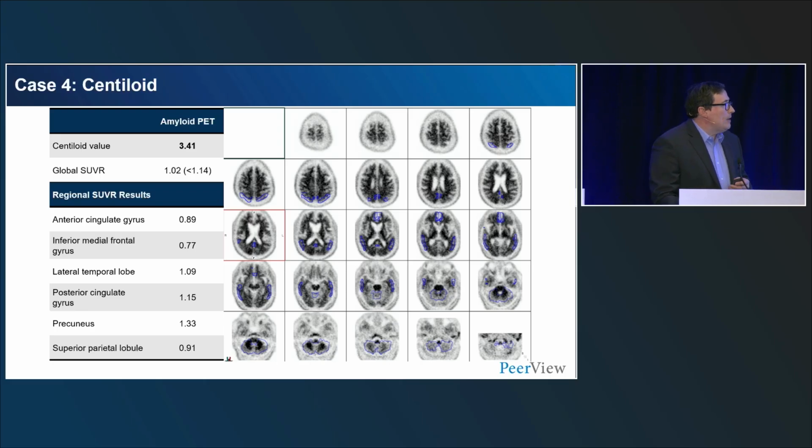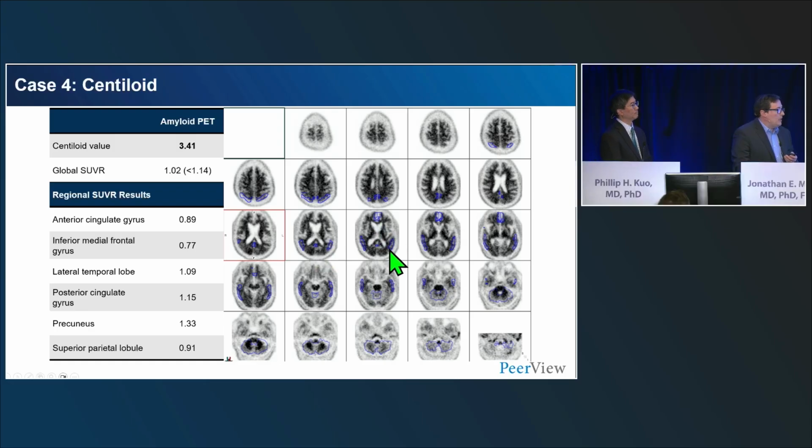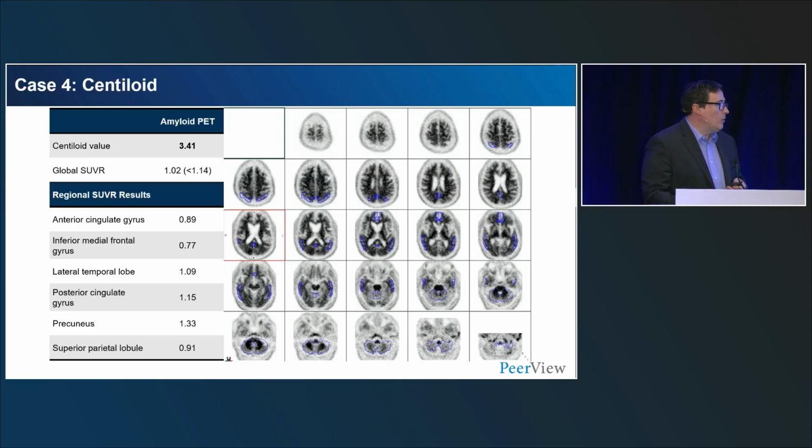And why is that? In this case, this is in part because, and this is a well-known issue with some of the centiloid regions of interest, they really don't include the occipital cortex very well, and they're only sampling parts of the rest of the cortex. So it's not the typical pattern, but you can have deposition outside of these typical regions.